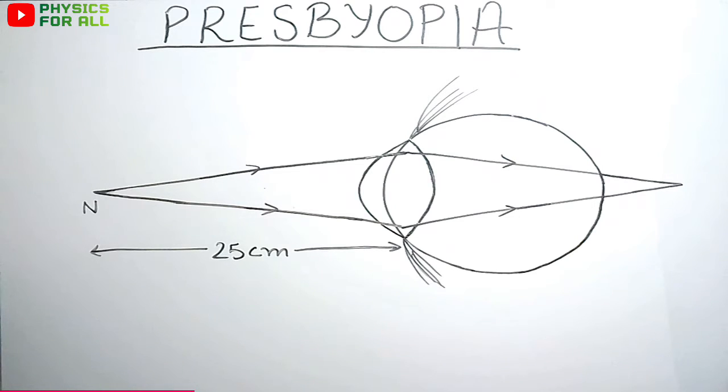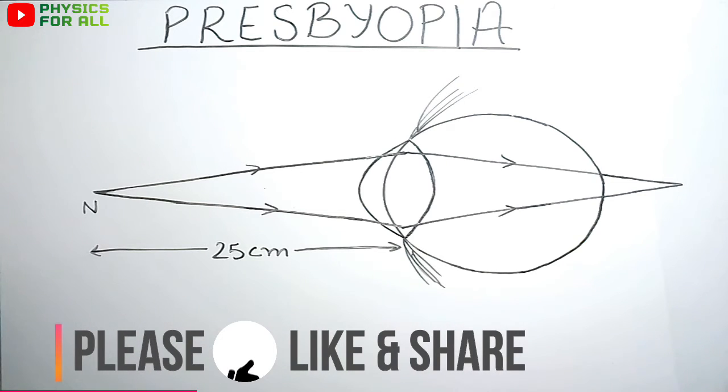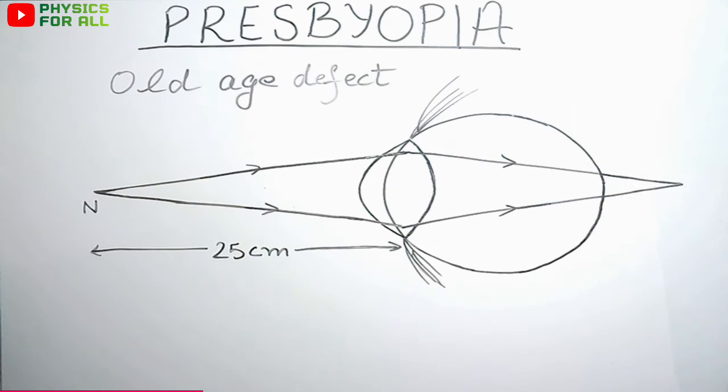The same condition, more or less similar condition, is faced by people in old age. So, in old age, people can see far off objects properly, almost properly, but they face extreme difficulty in watching nearby objects distinctly.